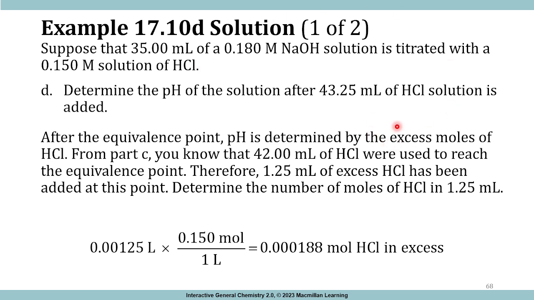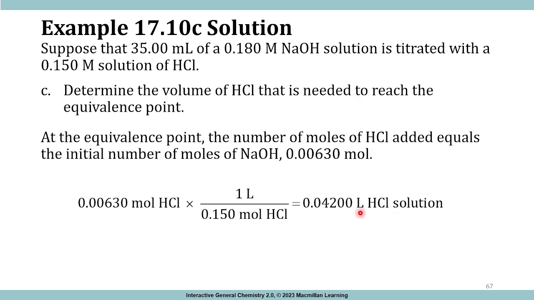So let's determine the pH of the solution after 43.25 milliliters of HCl solution is added. In this case, we need to take our HCl and see how much of it we have in excess. There's actually a few ways we can do that. We have right here the milliliters or liters that would take to neutralize the solution. So we could do it the way we did the previous problem, where we started off with the HCl and put NaOH in it.